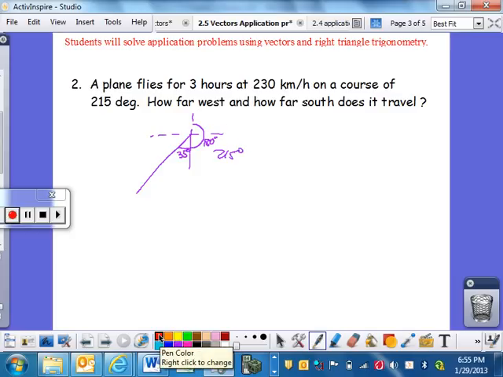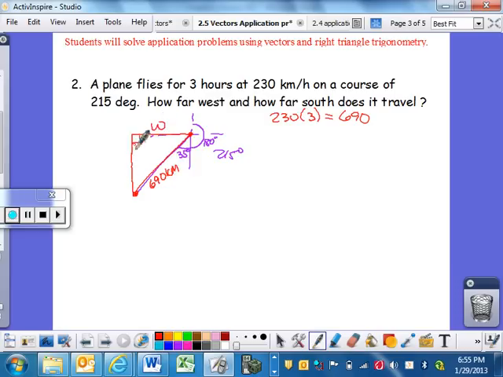Alright, now 3 hours at 230 kilometers per hour. How far did we actually go? That's 690 kilometers. So this distance from where I started to where I ended is 690 kilometers. And what I need to figure out is how far west and how far south did I go. So from my start, due west, due south.